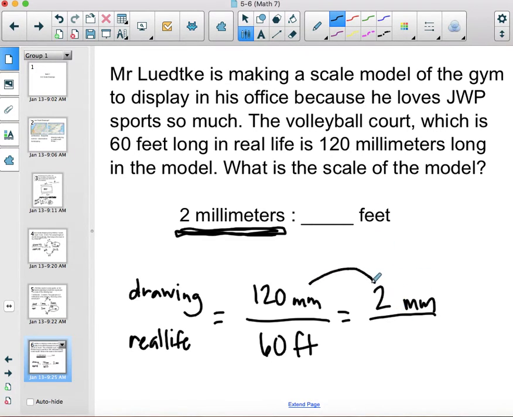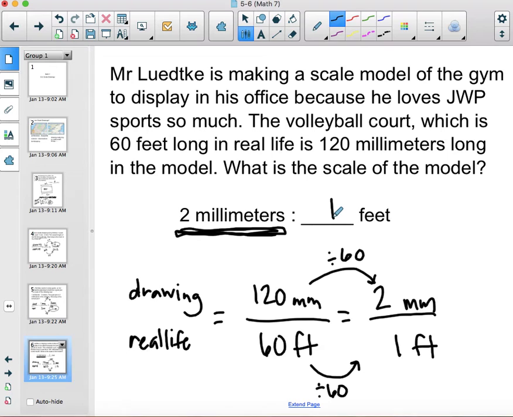So to get from 120 to 2, I have to divide by 60. So what I do to the top, I do to the bottom. 60 divided by 60 is 1. So 2 millimeters in his scale drawing represents 1 foot.